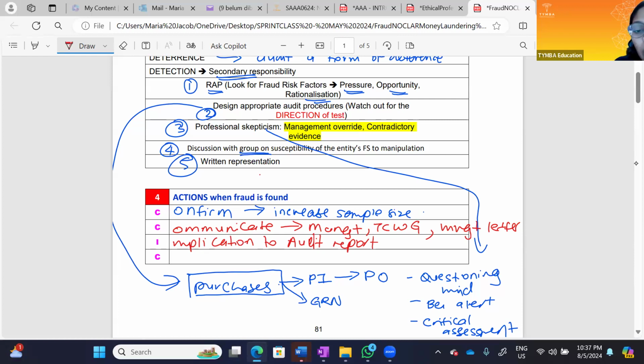Also, say those charged with governance don't want to act on it. You may want to consider what is wrong with these people, the integrity of the client. If you already found the fraud and they don't want to make changes, obtain written representation on their intention that they don't want to change it.